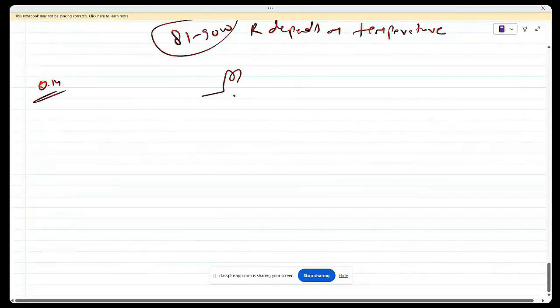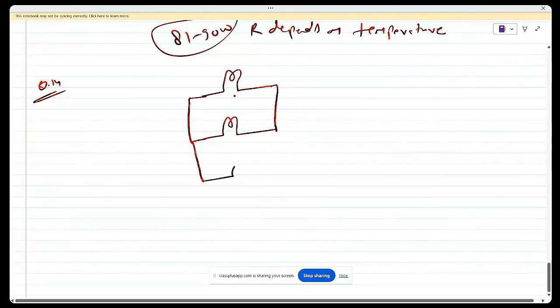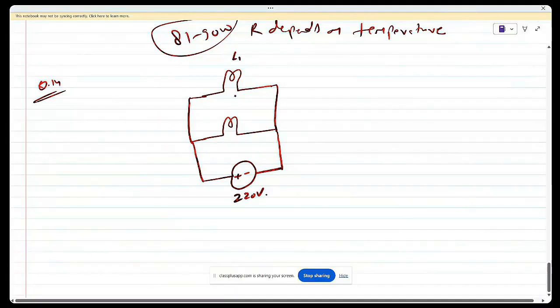Let's say this is bulb number 1 and this is bulb number 2. They are connected in parallel. Parallel means their ends are connected to each other. So this is one end and this is the other end, and their parallel combination is connected across a supply voltage of 220 volt.